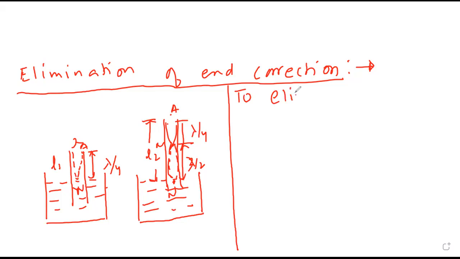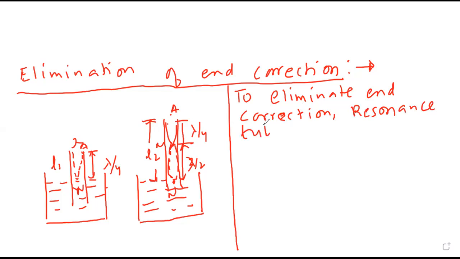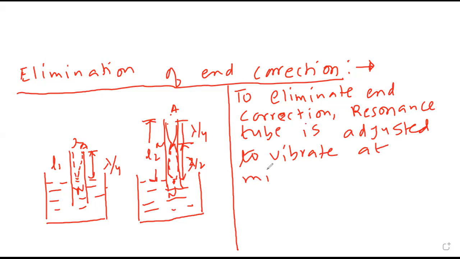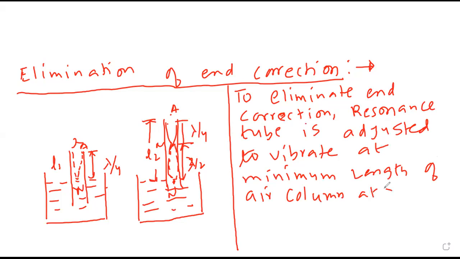To eliminate end correction, the resonance tube is adjusted to vibrate at minimum length of air column at resonance.